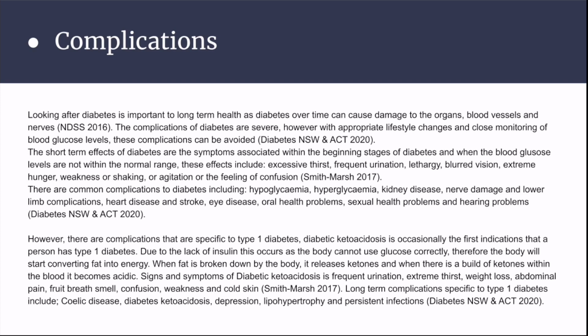Signs and symptoms of diabetic ketoacidosis are frequent urination, extreme thirst, abdominal pain, fruity breath smell, confusion, weakness, and cold skin. Furthermore, long-term complications specific to diabetes type 1 include celiac disease, depression, persistent infection, lipohypertrophy, and more.